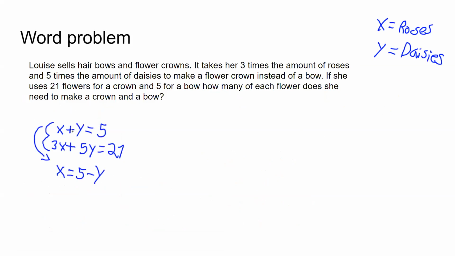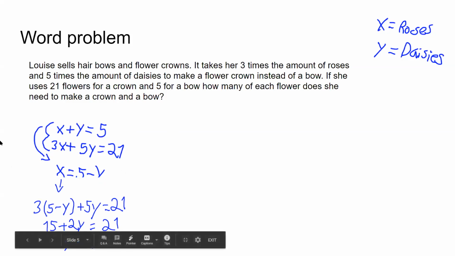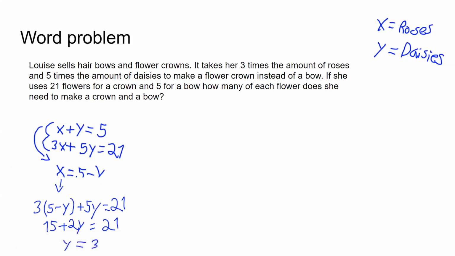We write x plus y equals 5 for the hair bows and 3x plus 5y equals 21 for the flower crowns. We rewrite the first equation so that x equals 5 minus y, then plug it into the second equation: 3 times 5 minus y plus 5y equals 21. Distribute and simplify so that 15 plus 2y equals 21, and we see that y equals 3.